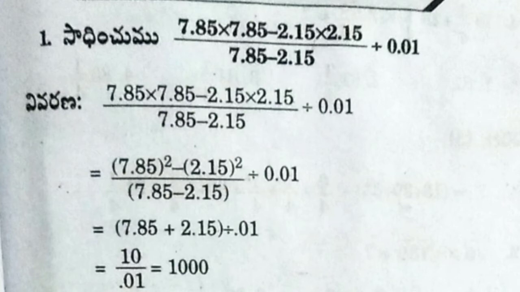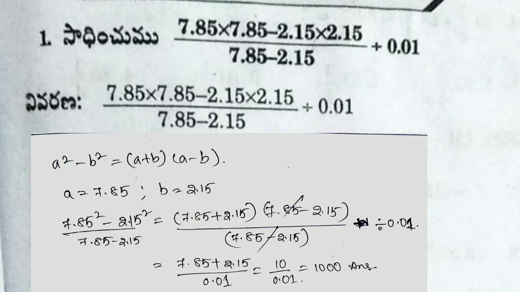From this, the formula a square minus b square is equal to a plus b into a minus b. 7.85 square minus 2.15 square by 7.85 minus 2.15 is equal to 7.85 plus 2.15 into 7.85 minus 2.15 by 7.85 minus 2.15. 7.85 minus 2.15 by 7.85 minus 2.15 get cancelled.